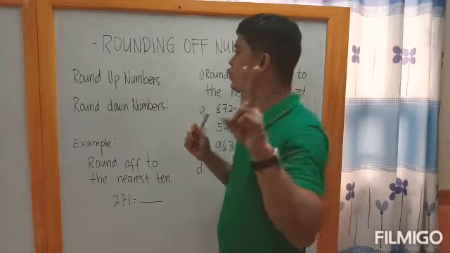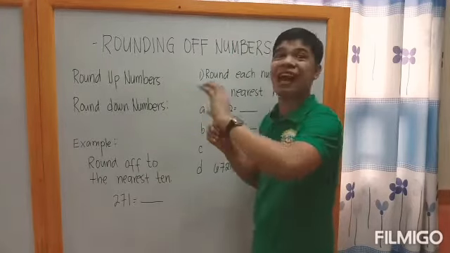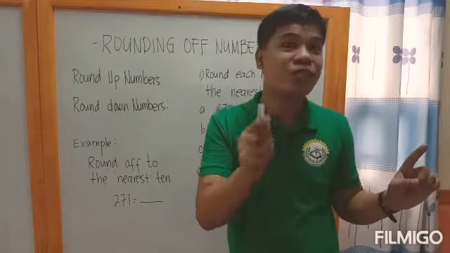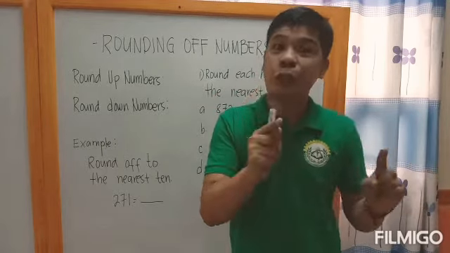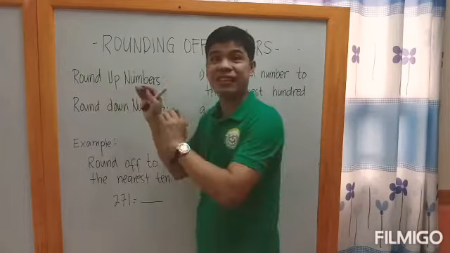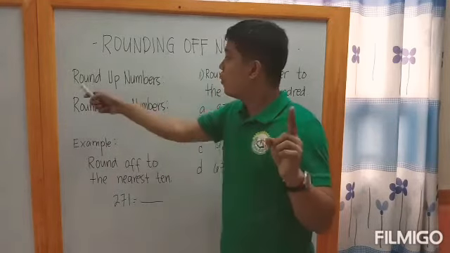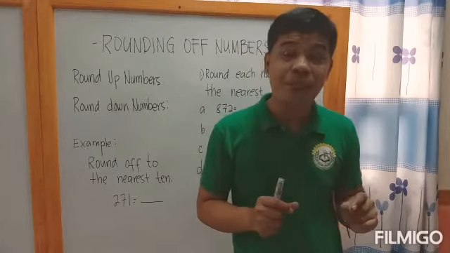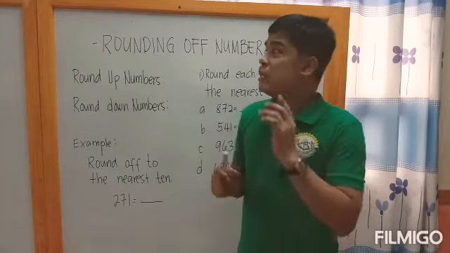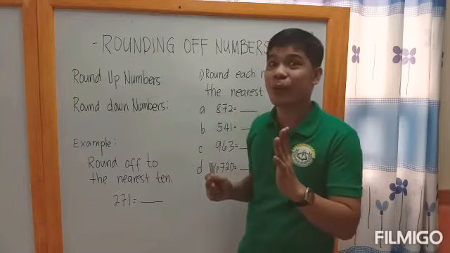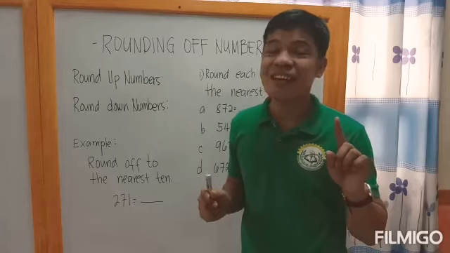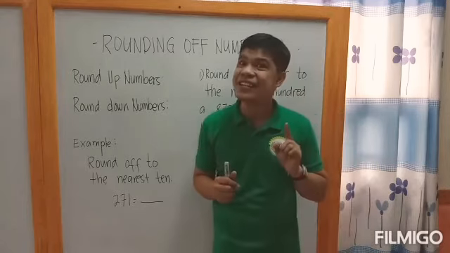Now, if you see two words here, these are actually techniques. I know that most of you are new to this one. The first one: round up numbers. What are those round up numbers? Who can tell me? 5, 6, 7, 8, and 9.